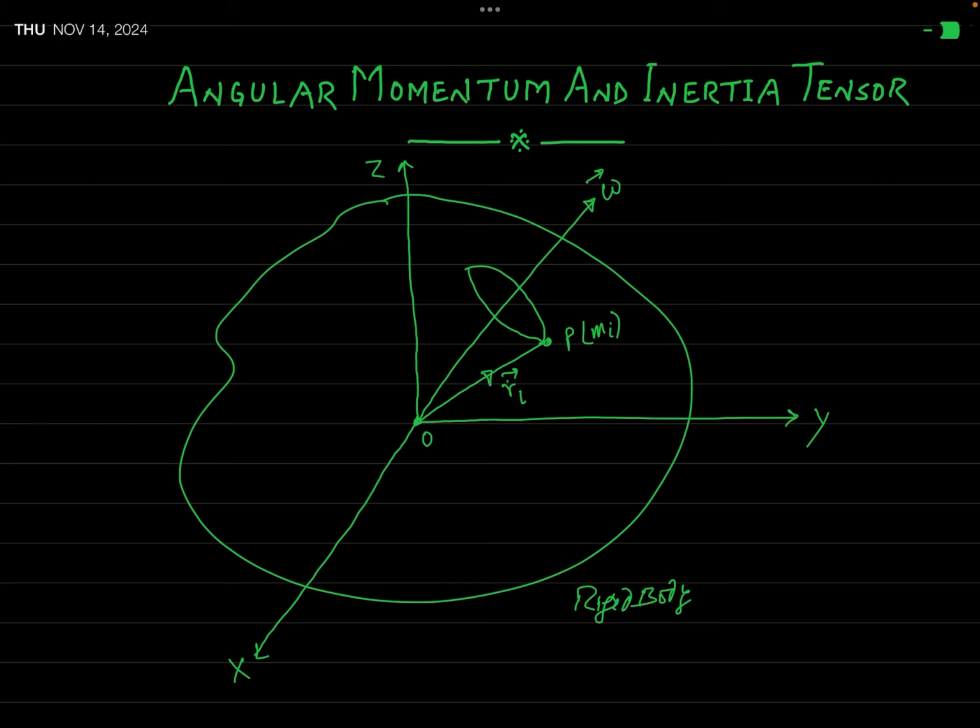Okay, let us see this figure that we assume that this is an instantaneous axis which passes through the fixed point O. Okay, this is instantaneous axis, and this body is rotating about this instantaneous axis.